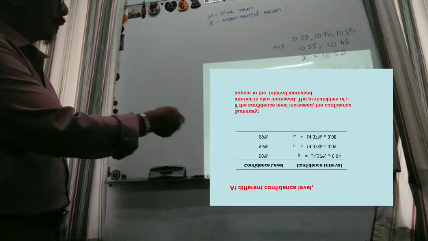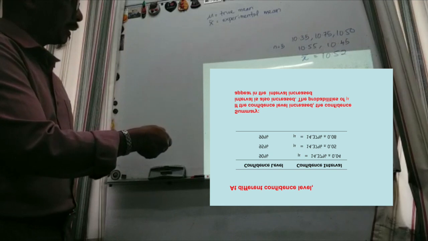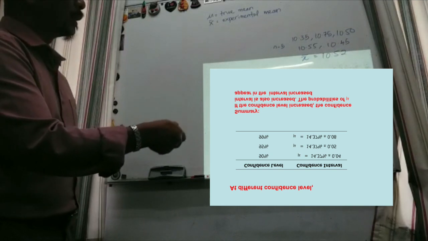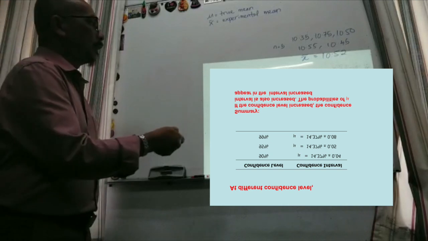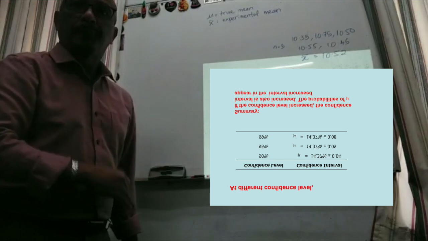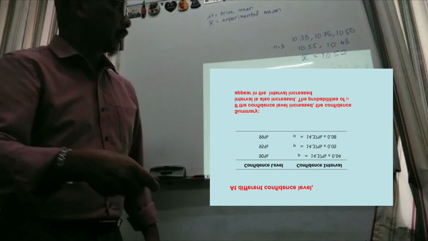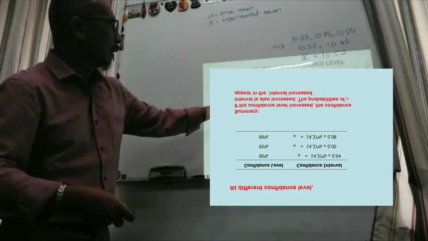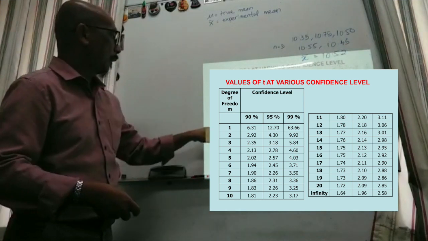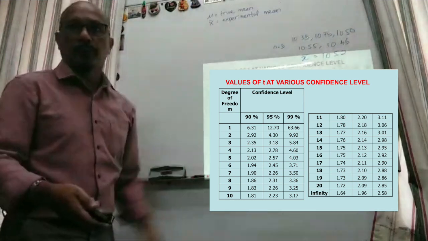If you do the calculation at different confidence levels, 95%, 90% and 99%, we will get different confidence intervals. Why? Because the t value is different. The higher the confidence level we choose, the higher the t value we will get. At 90%, 95% and 99%, the higher the confidence level, the higher the t value.